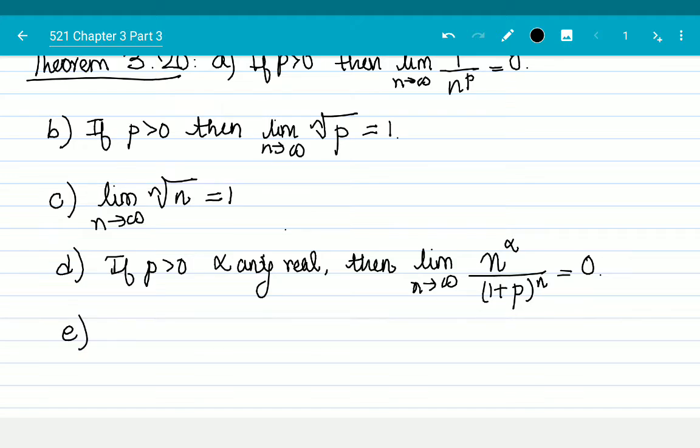And E, if the absolute value of x is less than 1, then the limit as n goes to infinity of x to the n is equal to 0.